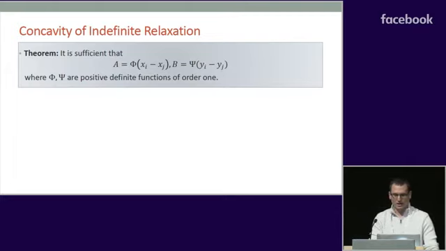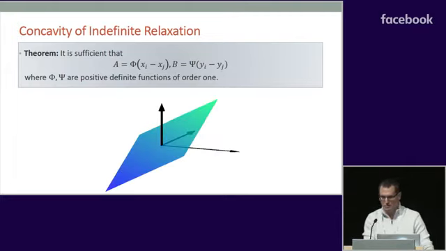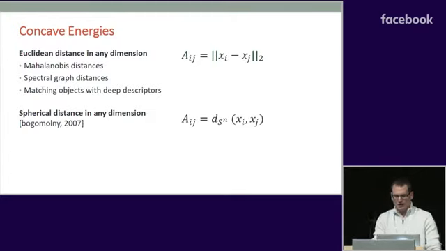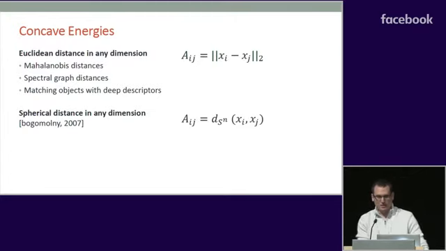The main idea behind the proof is that we only need the energy to be concave, or negative definite, on a strict subspace of all the matrices. Using this theorem, it is pretty straightforward to show that any matching problem in which the affinities describe Euclidean distances or spherical distances in any dimension results in a concave matching problem.